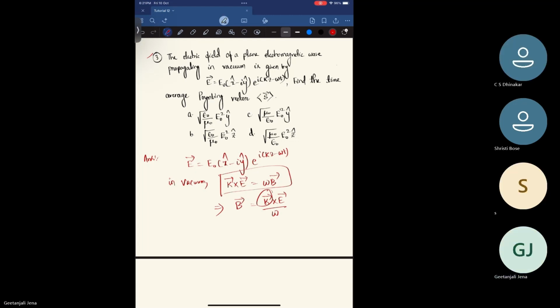Anyone, can anyone tell me what will be k? The k vector is z cap.